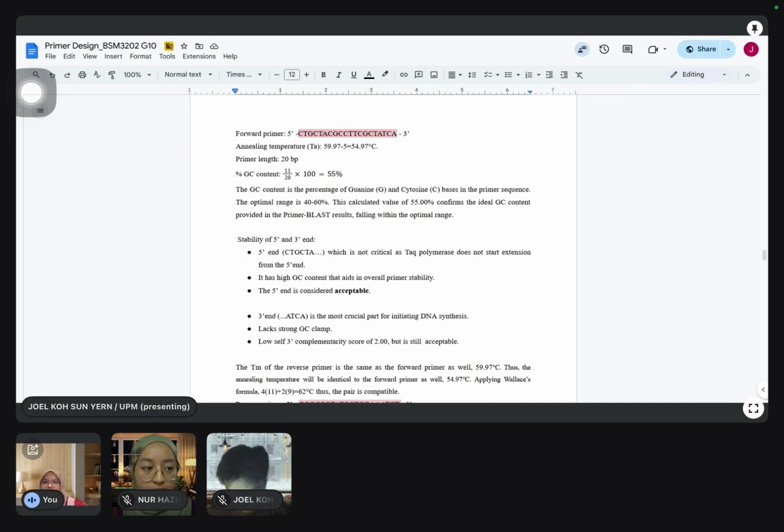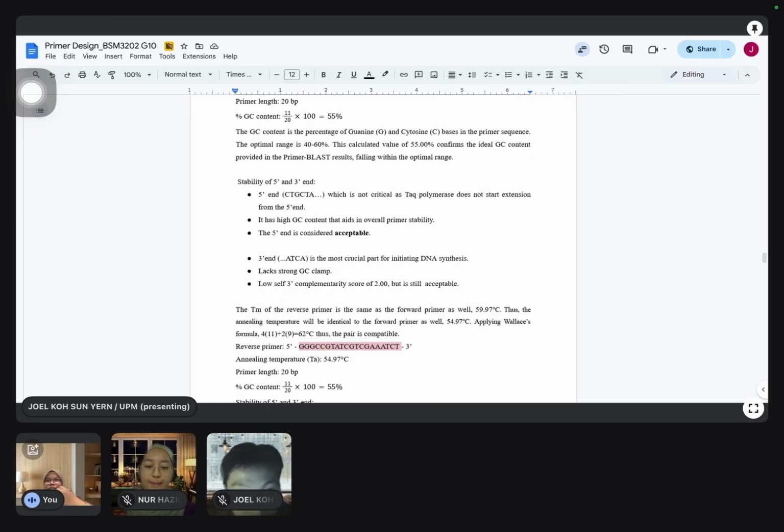This part is not critical as Taq polymerase does not start extension from the 5' end, it starts from the 3' end instead. It also has high GC content, which is important to support primer stability. This 5' end of the forward primer is considered acceptable and well designed.